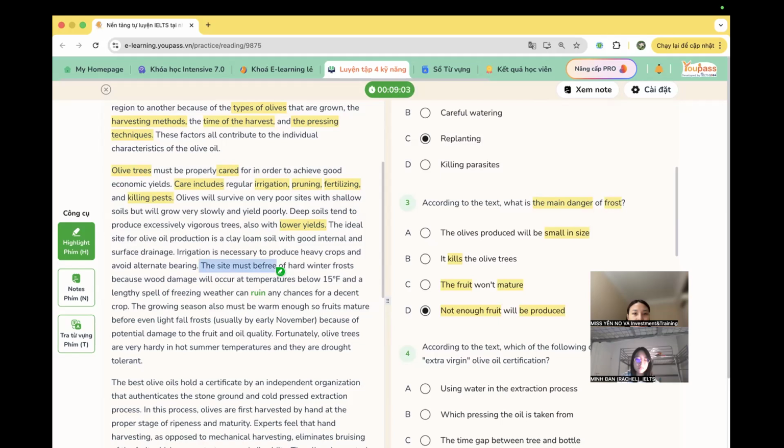The site must be free of hard winter frost because wood damage will occur at temperatures below 15 Fahrenheit degrees, and freezing weather can ruin any chance for a decent crop. So it will damage.